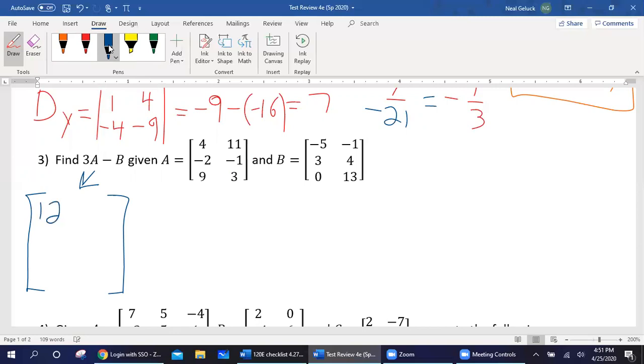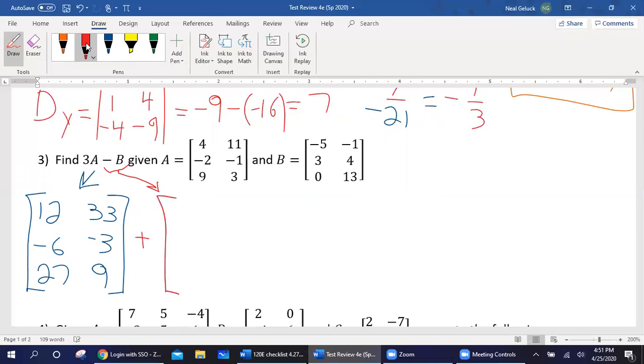So that's going to give me 12, 33, -6, -3, 27, 9. Now you have options here for B. You can either just have B as it is and subtract, or, and this is what I'm going to do, I'm going to take this negative B and think of that as I'm multiplying B by a -1. That means that I'm going to have accounted for the negative, which means I'm going to actually end up adding the matrices.